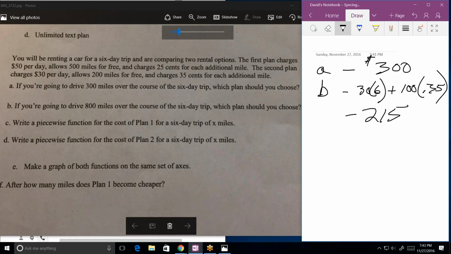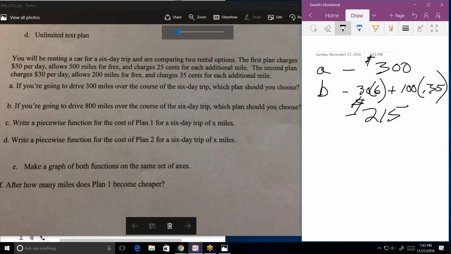Cheaper. Plan B. And that is, even if you're only driving 300 miles over the course of the 6-day trip, plan B is cheaper.